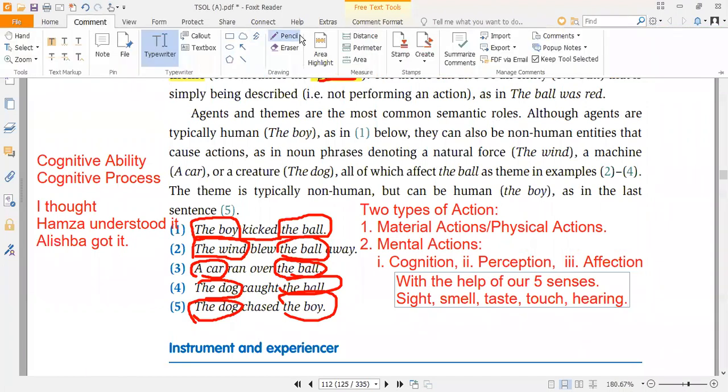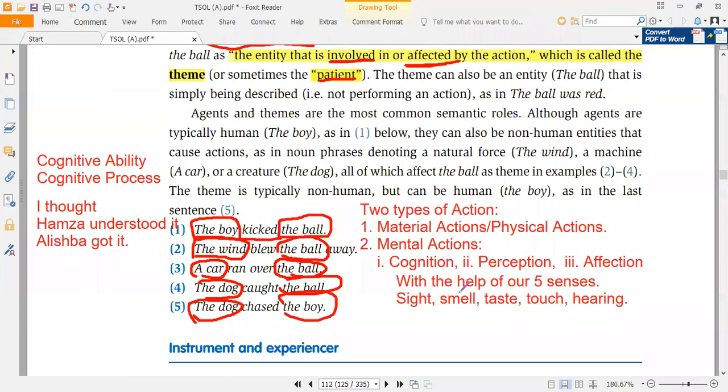You are studying information technology in this semester, isn't it so? Do you know about input and output devices? Very good. So here we have our processor, the cognitive processes. When we talk about cognition, it involves our processor.